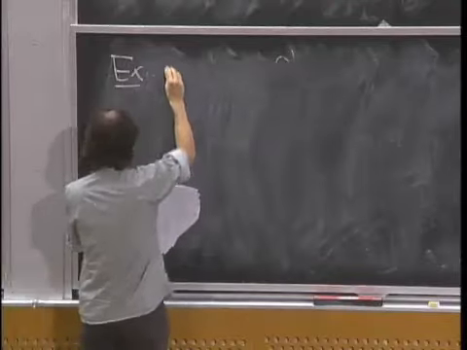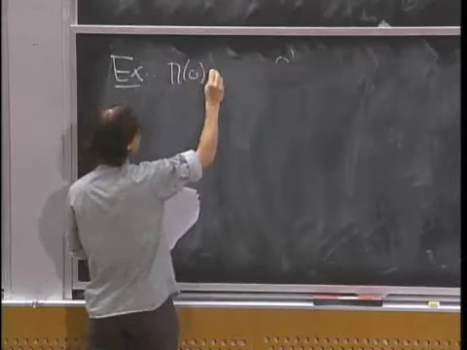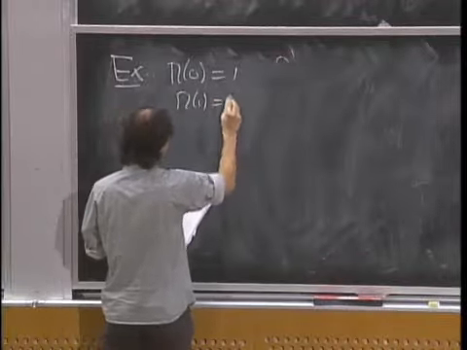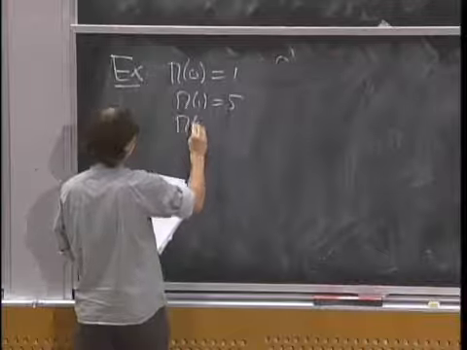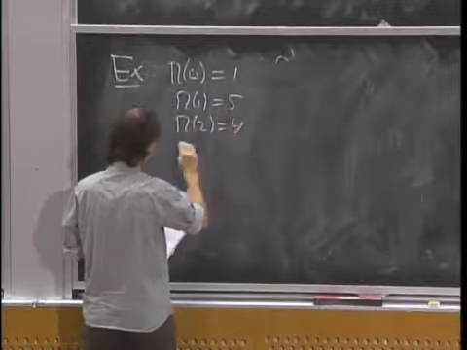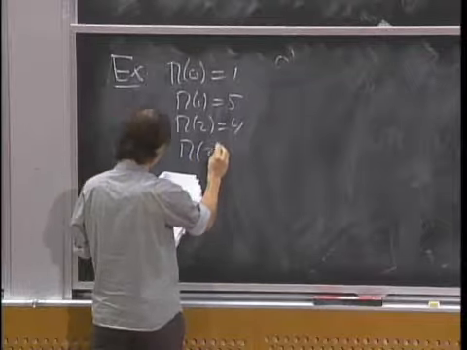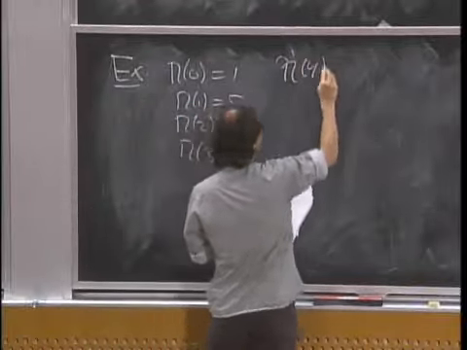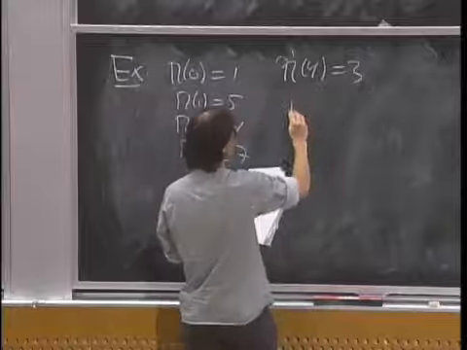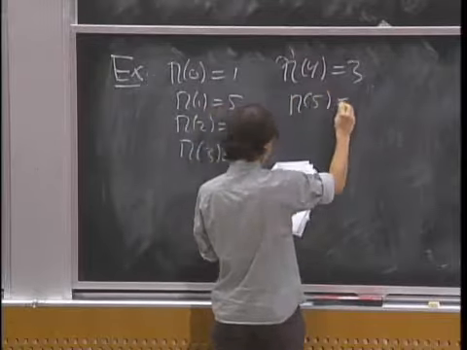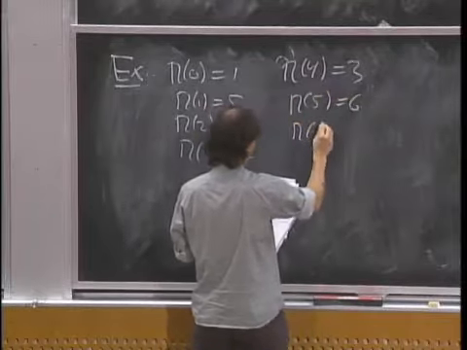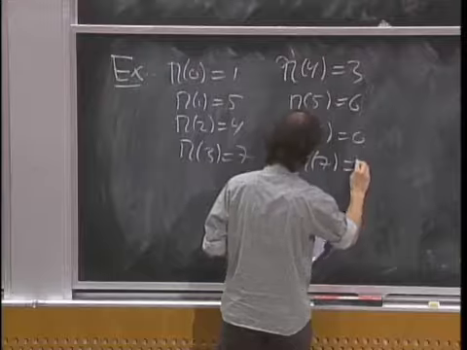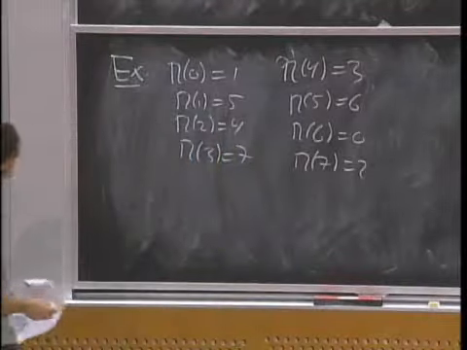So let's, as an example, have pi of 0 maps to 1, pi of 1 maps to 5, pi of 2 goes to 4, input 3 goes to 7, 4 maps to 3, 5 to 6, 6 to 0, and 7 to 2. So this is just an arbitrary permutation.